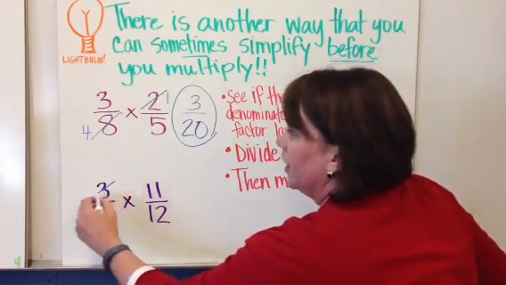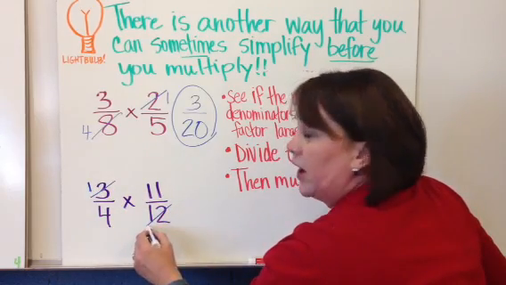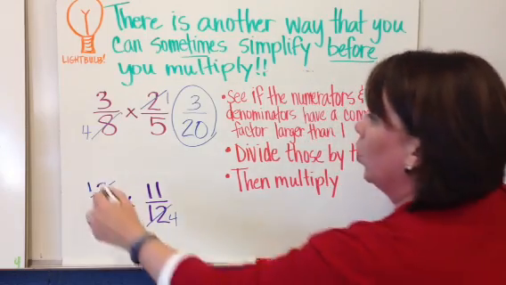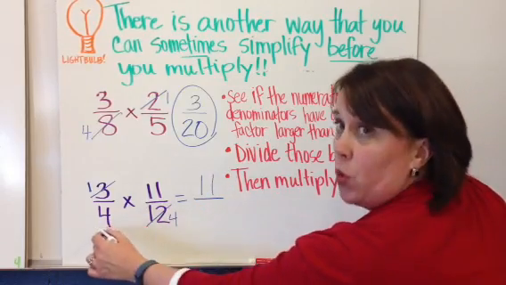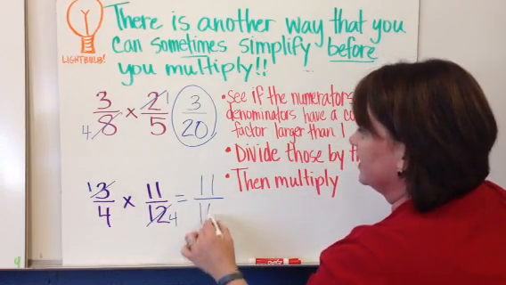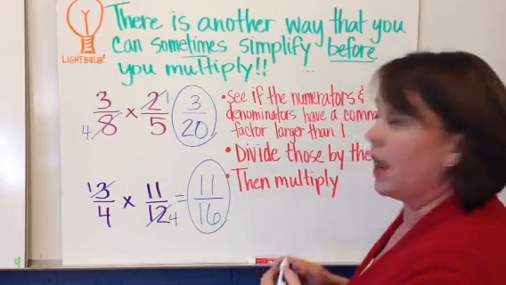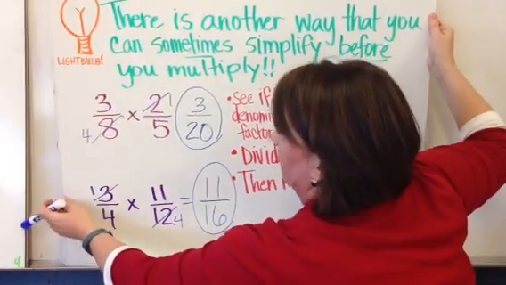So I divide 3 divided by 3, and I get 1. And 12 divided by 3 gives me 4. Now I have 1 times 11, which is 11, and 4 times 4, which is 16. And this is in simplest form. And I'm finished.